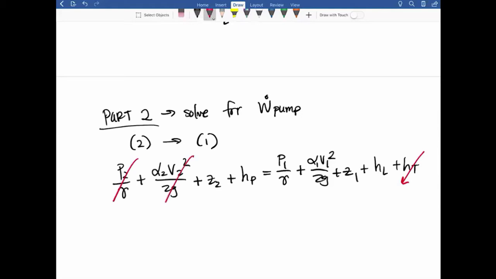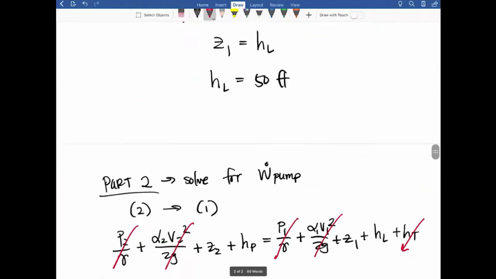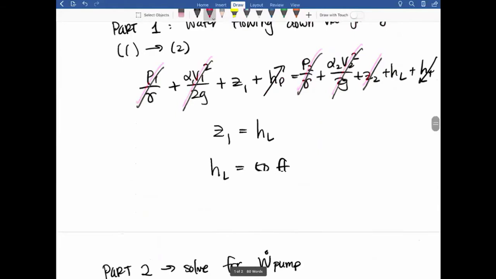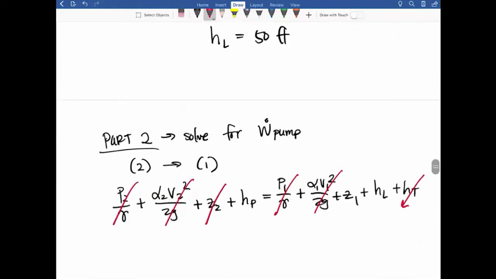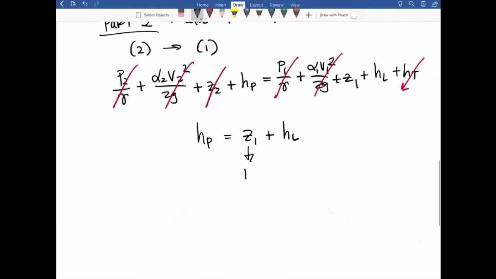These things still go away, right? Now, my datum is at 2, so Z2 goes away and we end up with HP is Z1 plus HL, which is 50 plus 50. So HP is 100 feet.